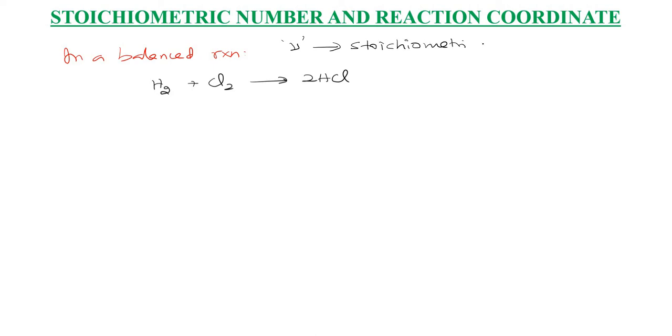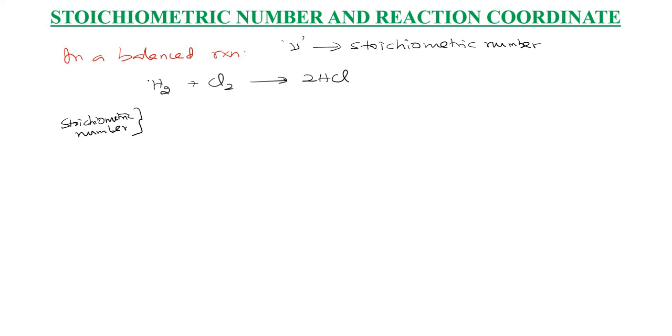So what is the stoichiometric number for each of these components? So stoichiometric number for hydrogen, keep this in mind: stoichiometric number for a reactant should always be given with the minus sign.